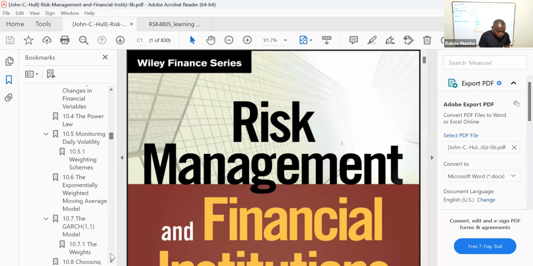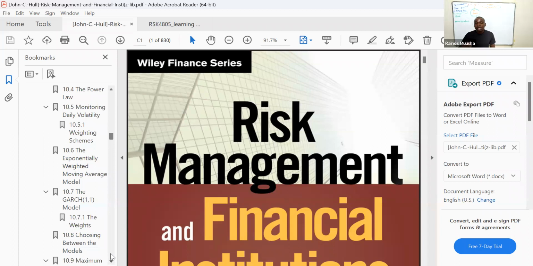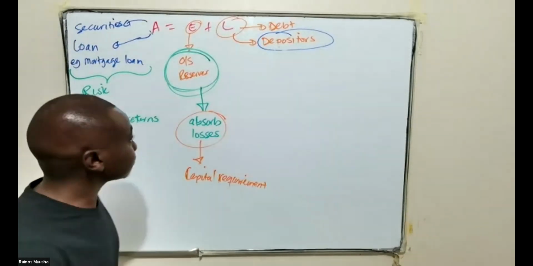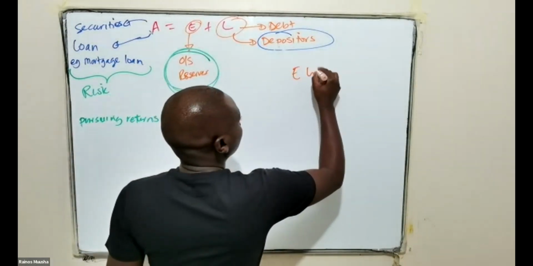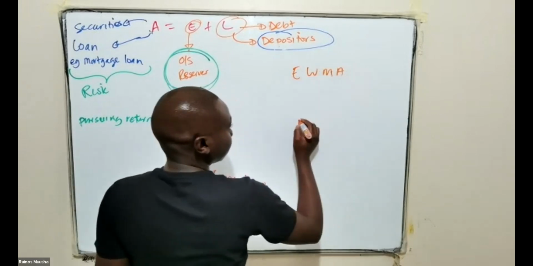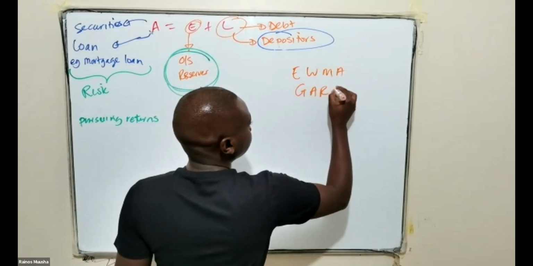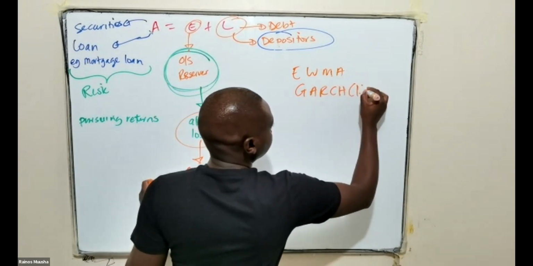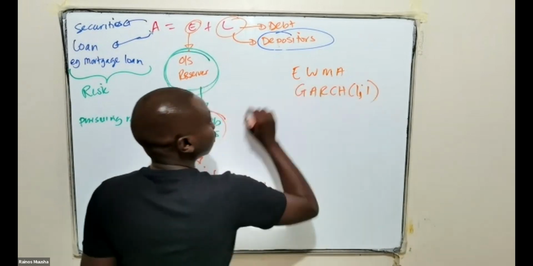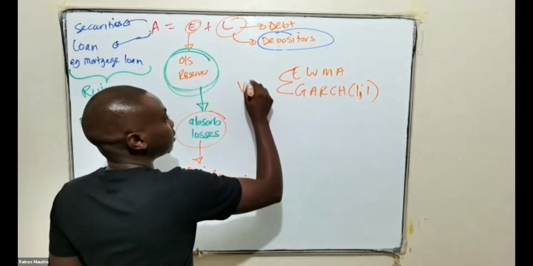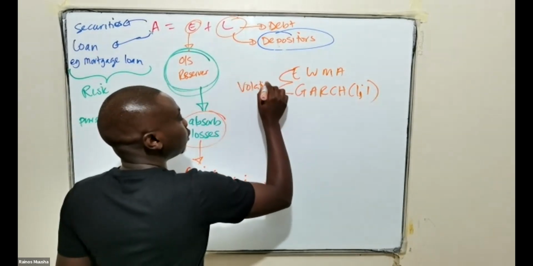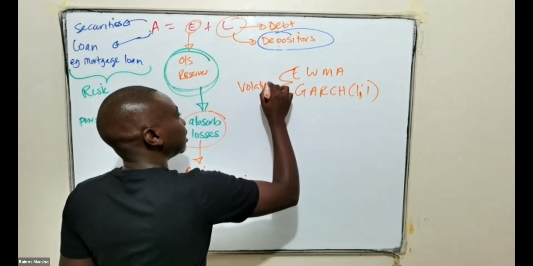There are two main models which are used in measuring volatility. The first one we refer to as the exponentially weighted moving average model. And the second one we refer to as the GARCH(1,1) model. These are the two models that we're going to be looking at when you look at measuring volatility.